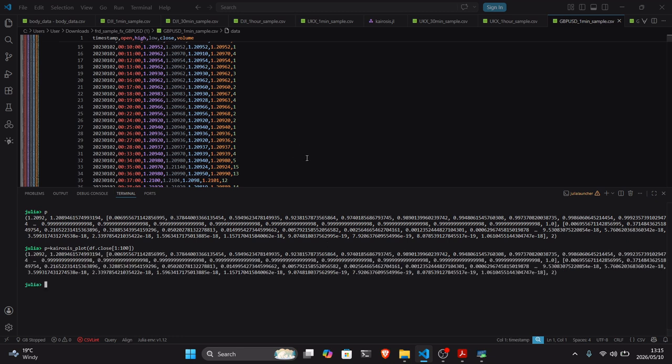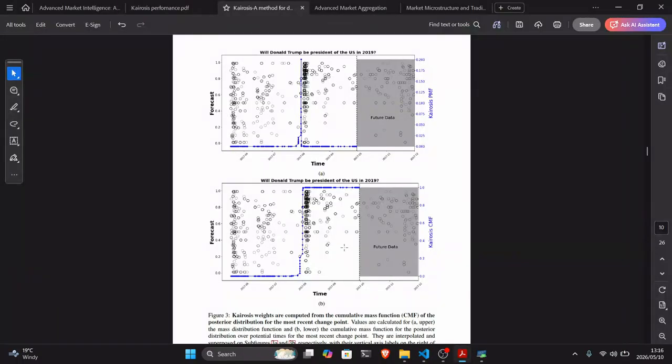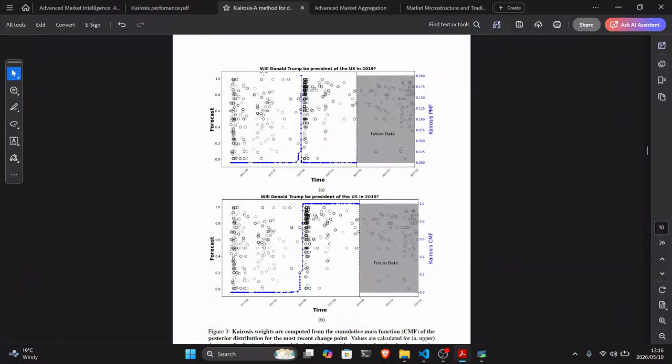Now I'm going to be using my 1 minute GBP USD data, but the cool thing about Kairosis is that it's not limited to financial data. You can use it to forecast anything. As the original paper shows, there was a tournament where the question was, will Donald Trump be president of the US in 2019?